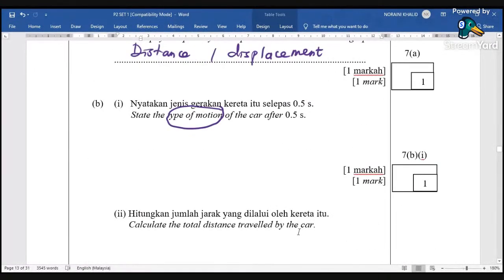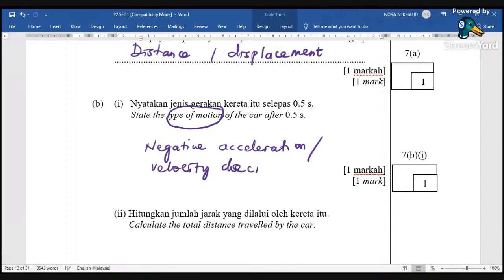You can state the type of motion as negative acceleration, or velocity decreases, or you can state deceleration, or retardation.